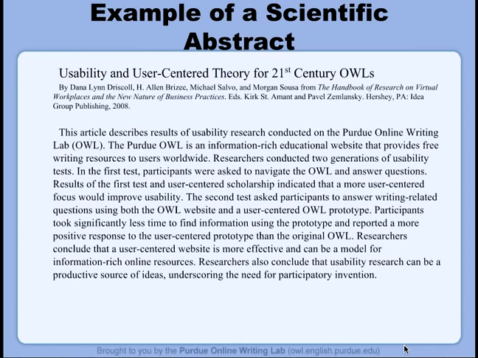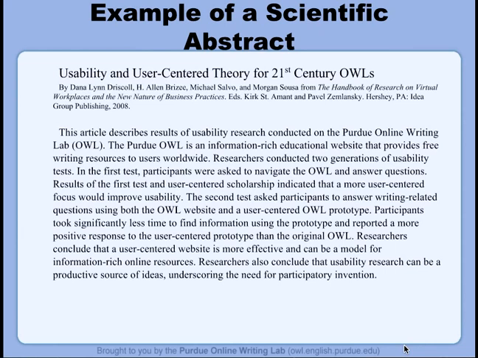The second test asked participants to answer writing-related questions using both the OWL website and a user-centered OWL prototype. Participants took significantly less time to find information using the prototype and reported a more positive response to the user-centered prototype than the original OWL.